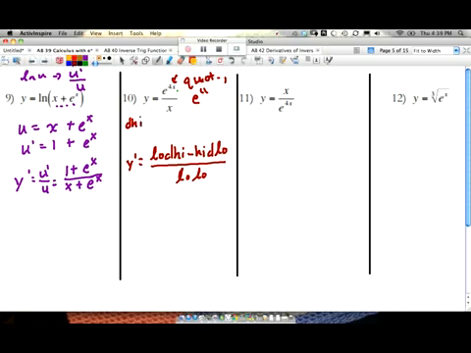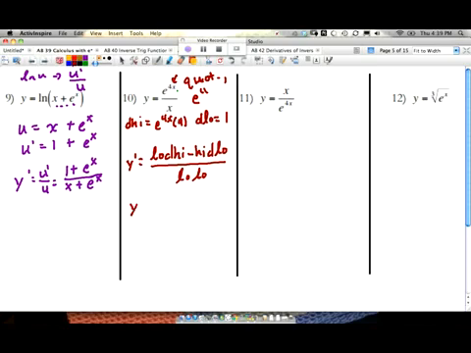And let's figure out what d high and d low are. The derivative of the high one is going to be e to the 4x, but then we got to multiply by the derivative of the exponent, which is 4. And d low, that's pretty easy because low is x, so d low is just 1.